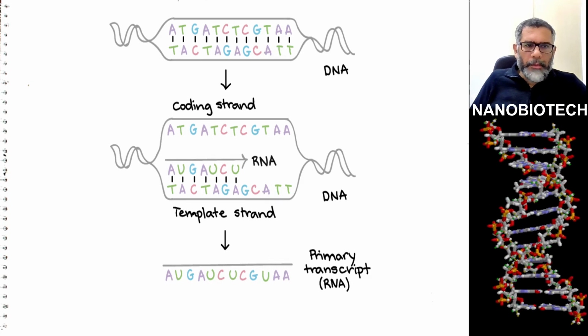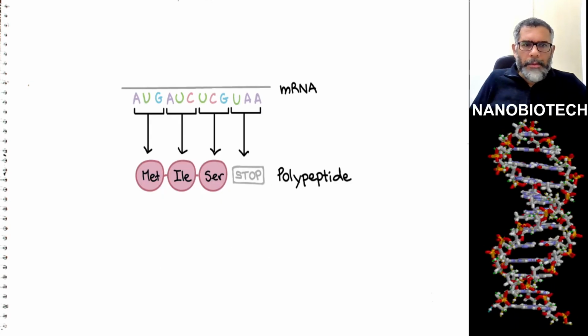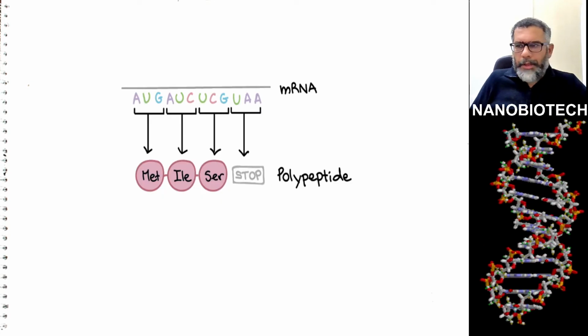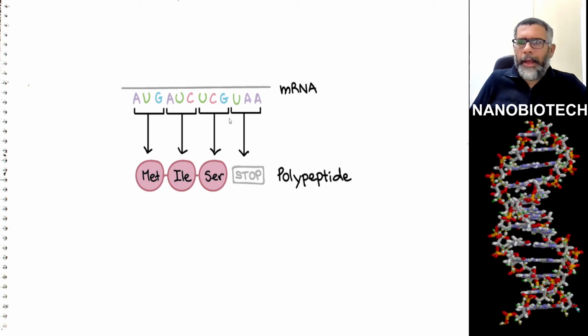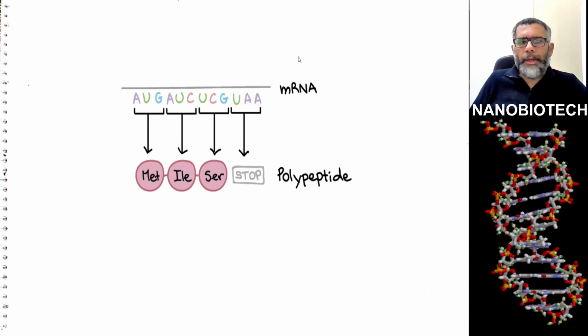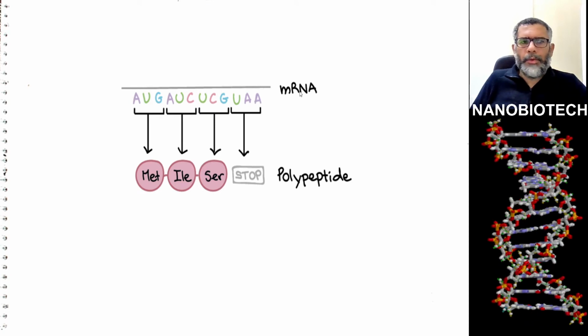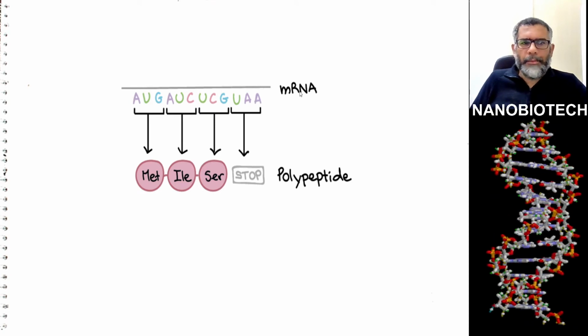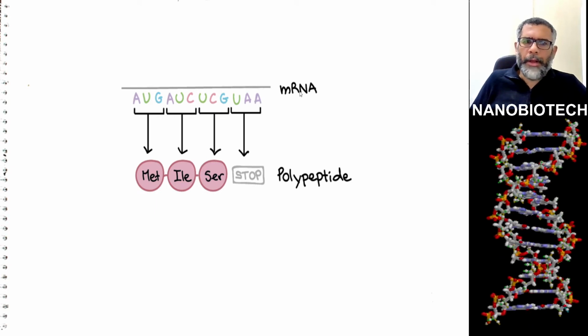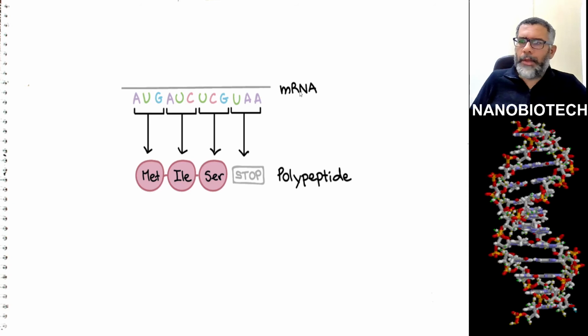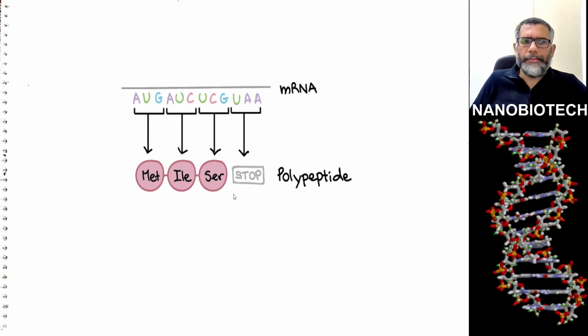After transcription and, in eukaryotes, after processing, an mRNA molecule is ready to direct protein synthesis. The process of using information in an mRNA to build a polypeptide is called translation.